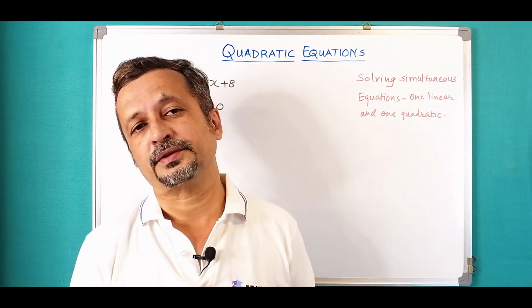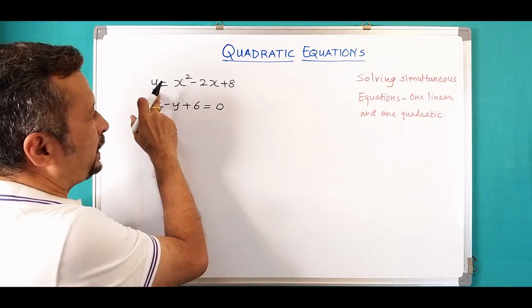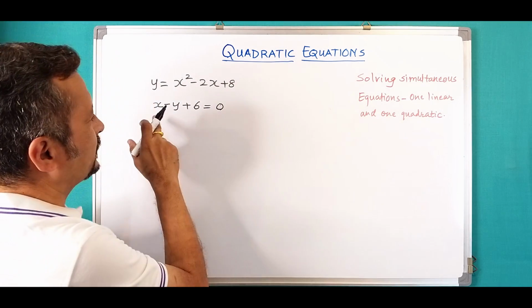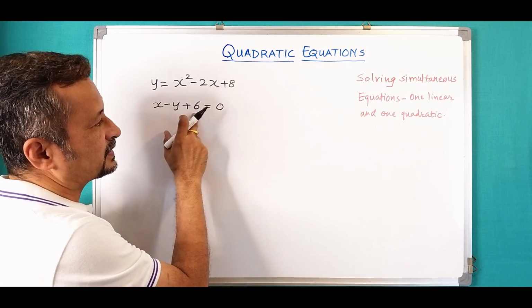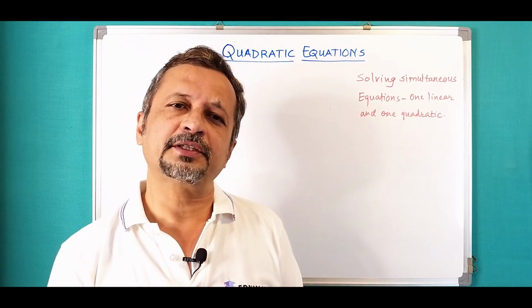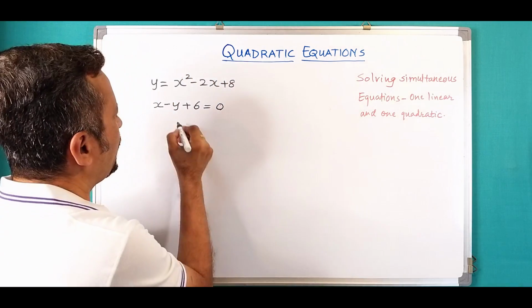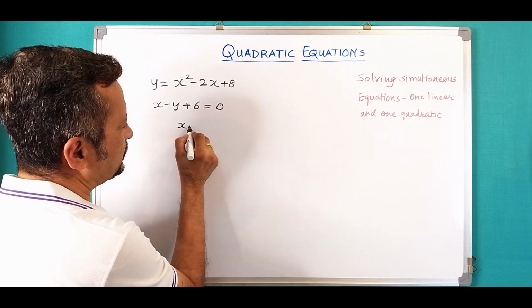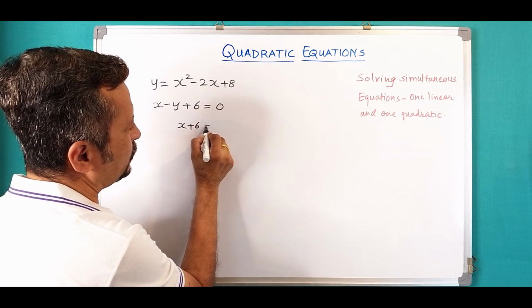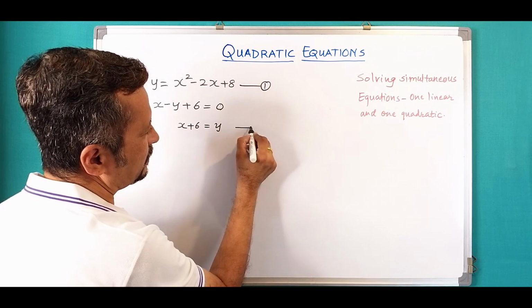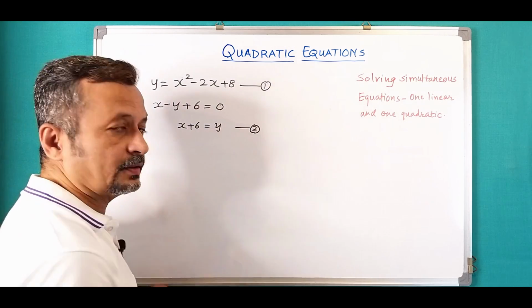How do we do this? We have y is equal to x square minus 2x plus 8 and x minus y plus 6 equal to 0. We will express y in terms of x. So I'll take this y on the other side, and I have x plus 6 is equal to y. This is number 1 and this is number 2.